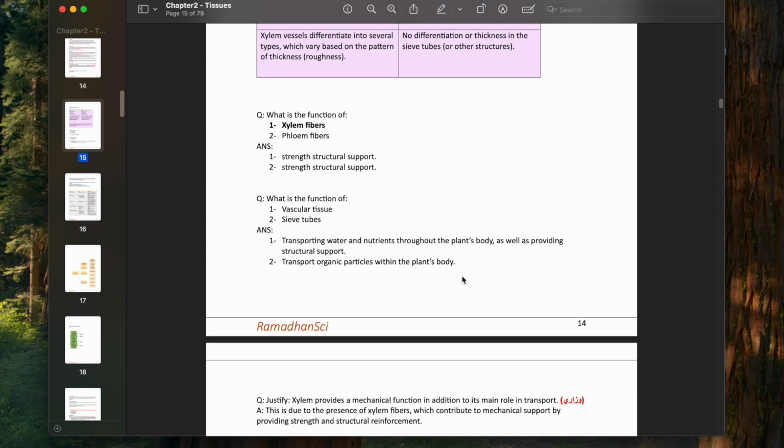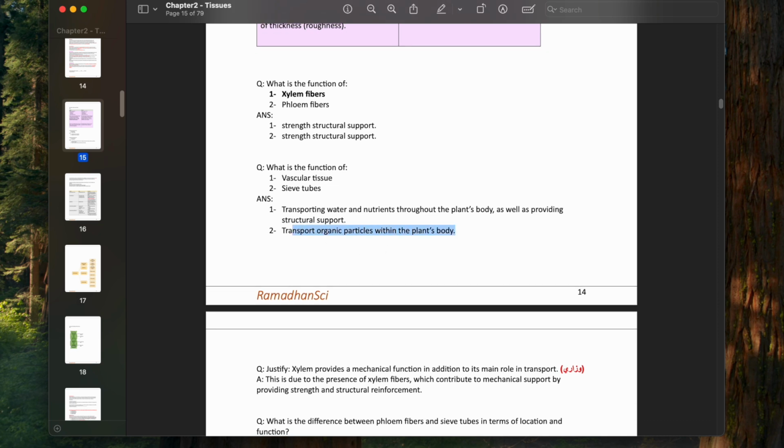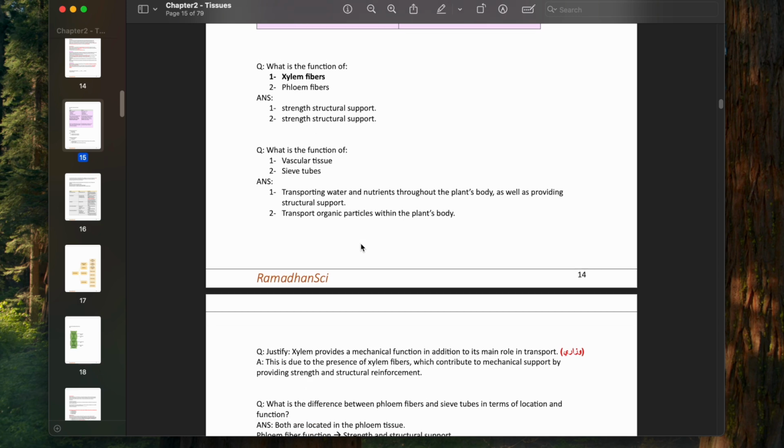So since we already have this, and this is like an official answer paper, of course we have to go with it. Okay, we say that organic particles, etc. This is the official answer paper. So of course this is superior to any other opinion. Okay, here we do not provide opinions. We just provide what they want you to write down in the exam.